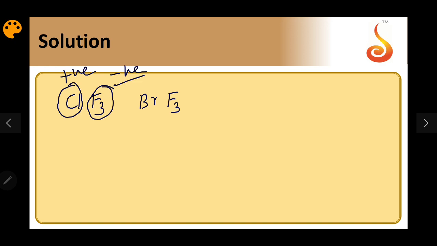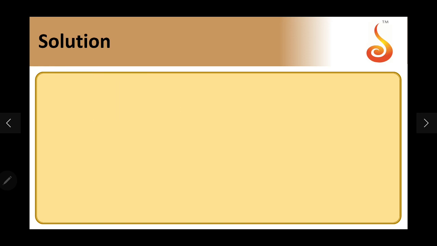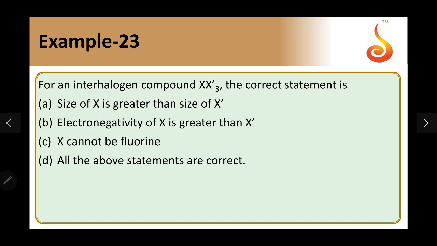Let us see the options. X is the first halogen atom and X dash is the second halogen atom. Size of X greater than size of X dash: if X dash is fluorine, then X can be chlorine, bromine or iodine, which are larger than fluorine. In the same way, if X dash is chlorine, X will be bromine or iodine. As a result, the first statement is correct.